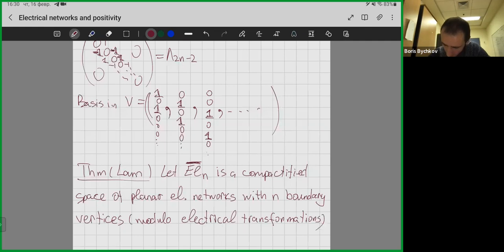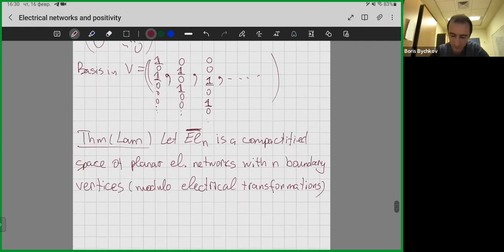This bar, this compactified space, means that we allow conductivity, so weights on edges, to be equal to 0 or infinity. We should say something more about it, but it's possible to define this compactified space.